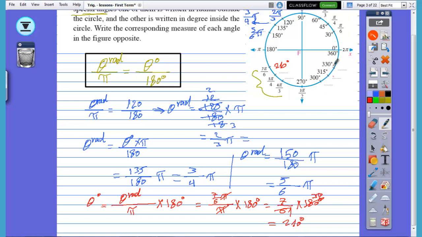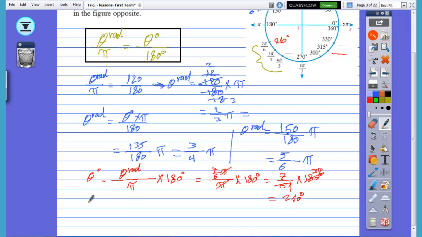We'll choose one of these three angles. The angle here of measure 315, and we want to convert it to radian measure. So we have the required here: don't forget to find theta radian.